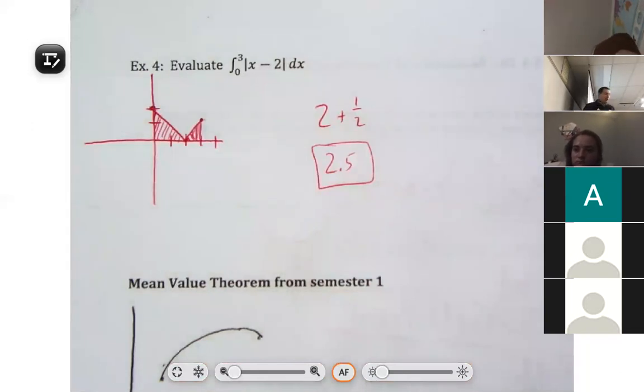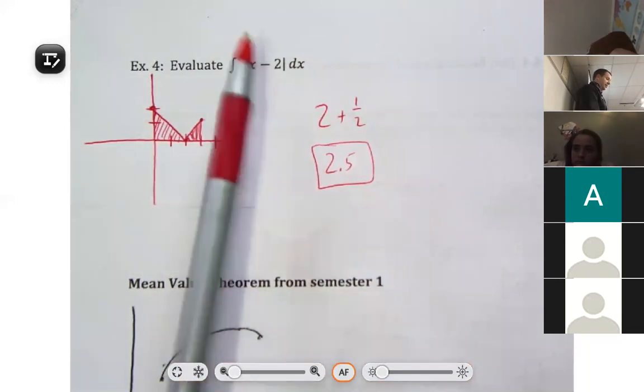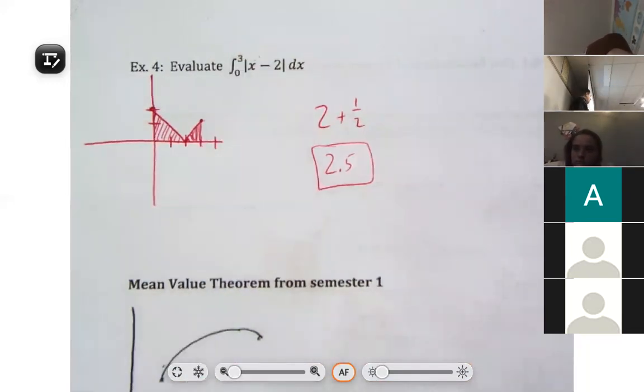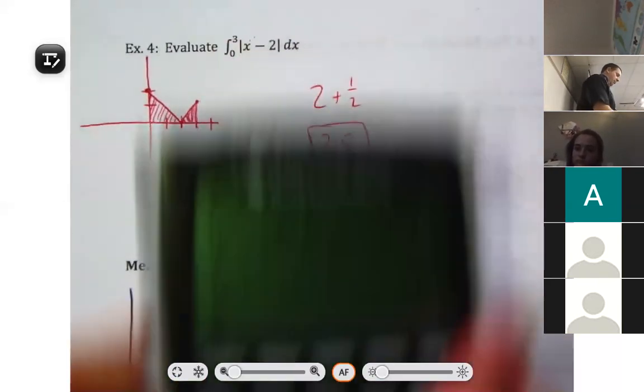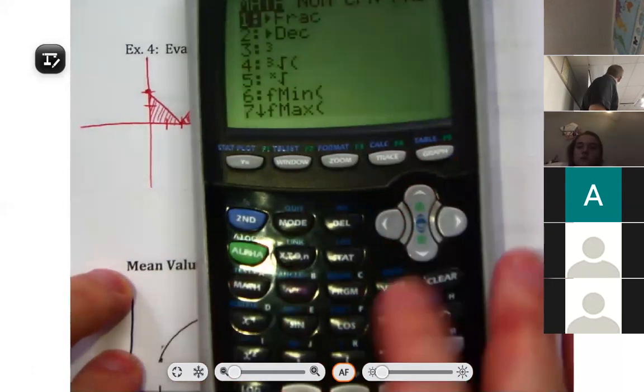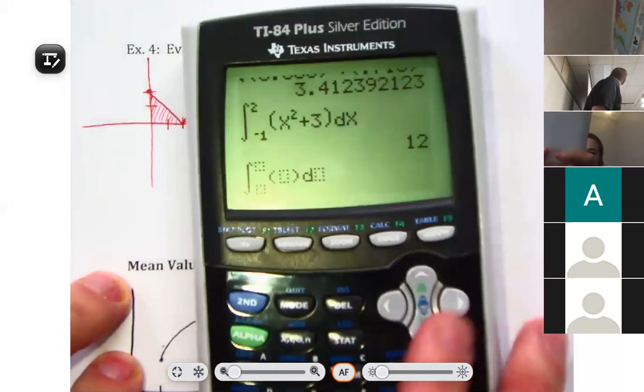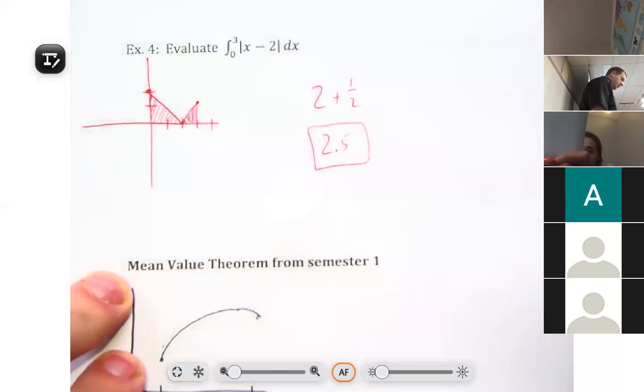You may, on the AP test, have to do something like this, and it's pretty messy, but they'll give you a calculator if they do. So I want to show you guys how to integrate with absolute value. I just want to refresh your memories on where the absolute value button is. So if I wanted to do this in the calculator, I would push math 9. I would go from 0 to 3.